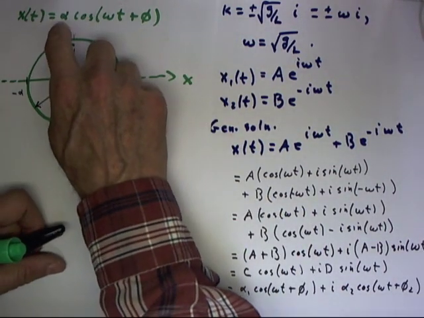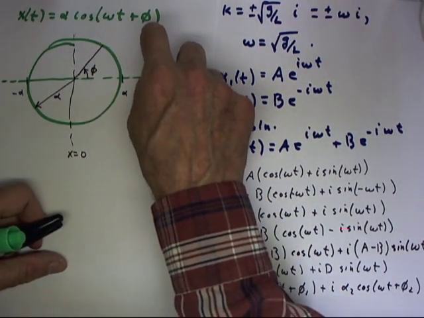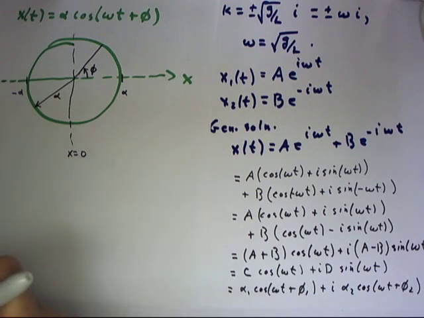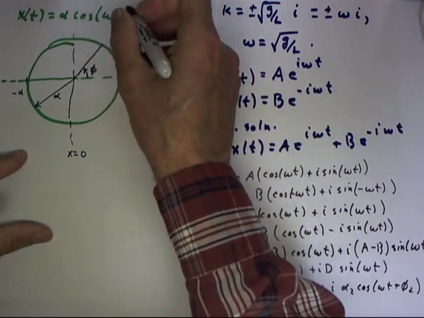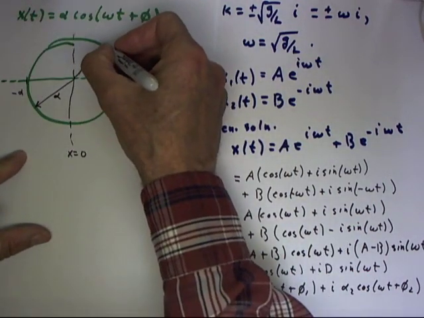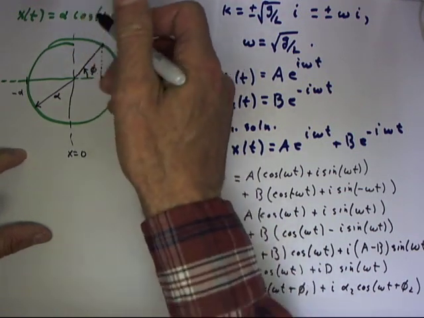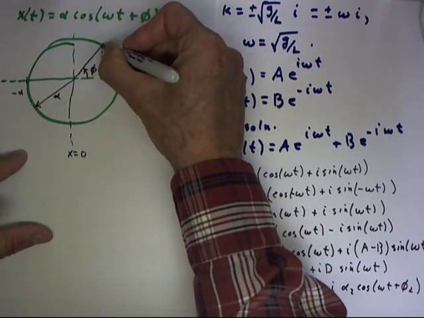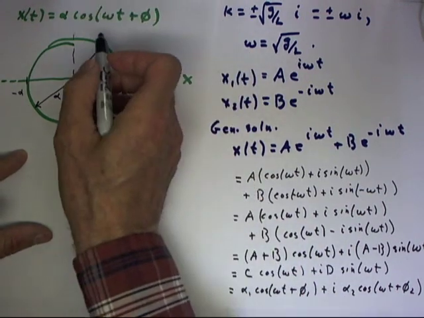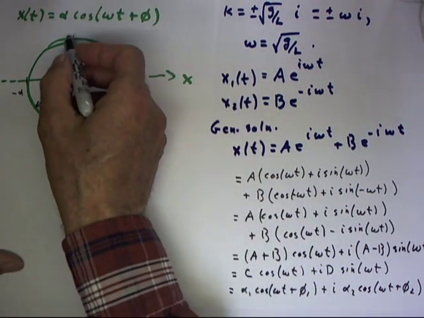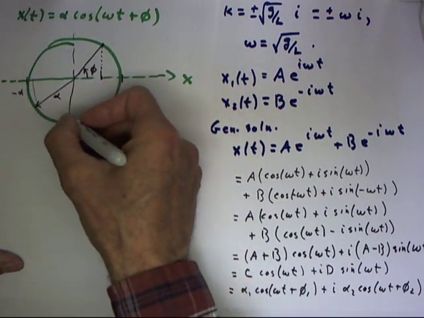Then we can interpret the function alpha cosine of omega t plus phi as the x component of a point that starts here on the reference circle and moves with angular velocity omega about that circle.